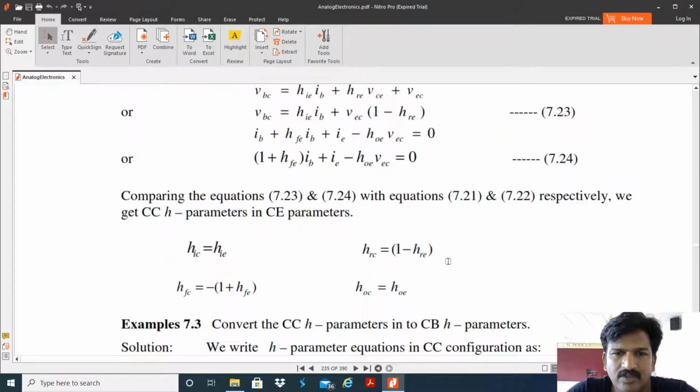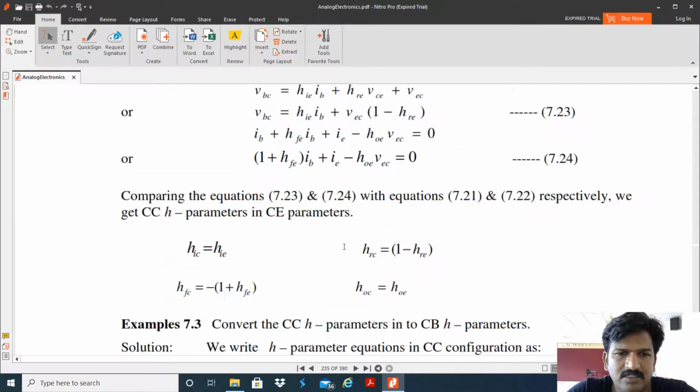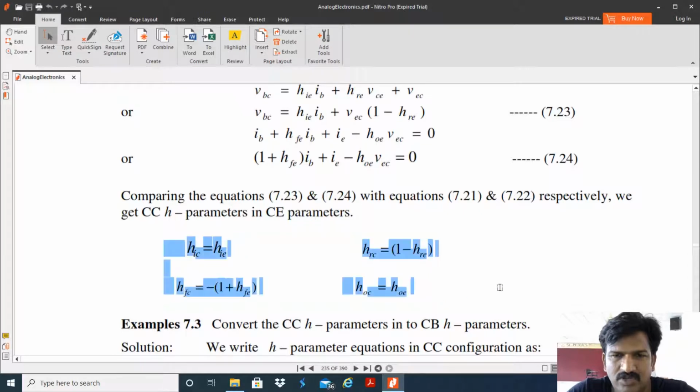Then you can rewrite this: HFC is equal to minus 1 plus HFE, and HOC is nothing but HOE. These are the parameters you derived for the CC configuration in terms of emitter configuration.